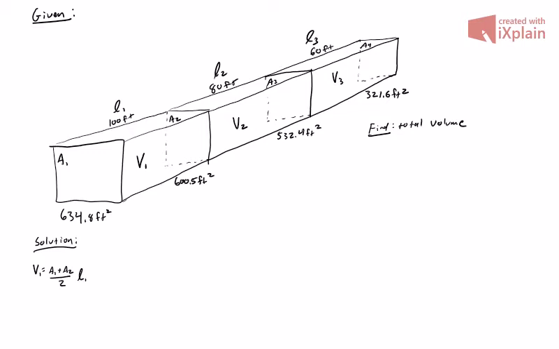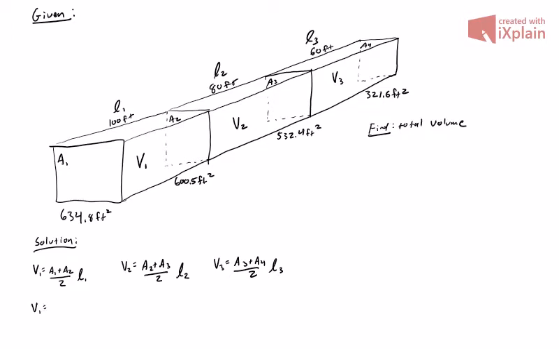And then volume 2 is going to be area 2 plus area 3 over 2 times L2. And then likewise, volume 3 is going to be A3 plus A4 over 2 times L3. So we can go ahead and plug in some numbers.